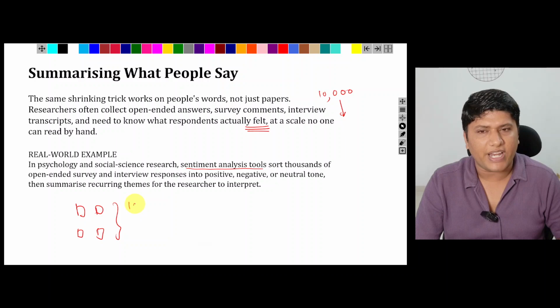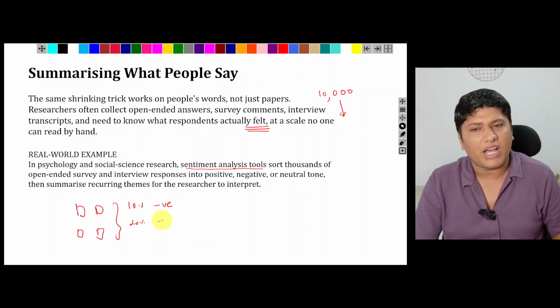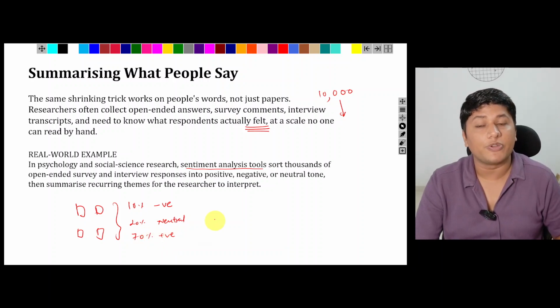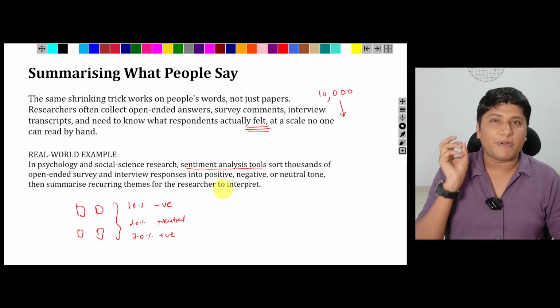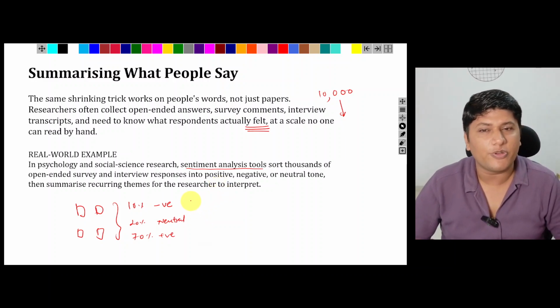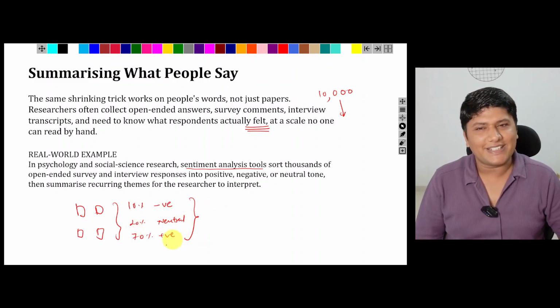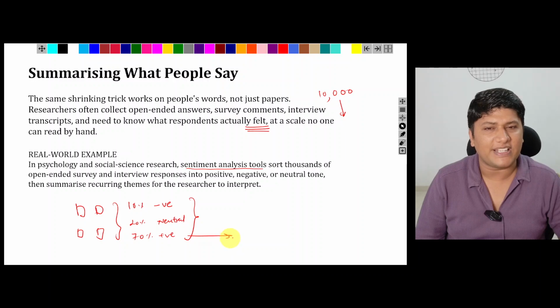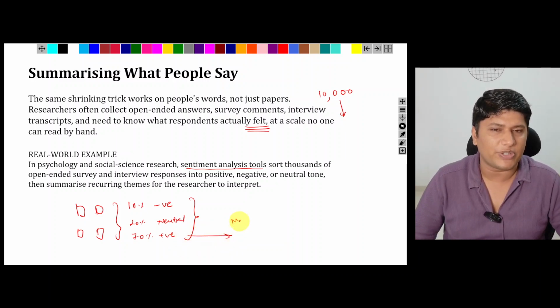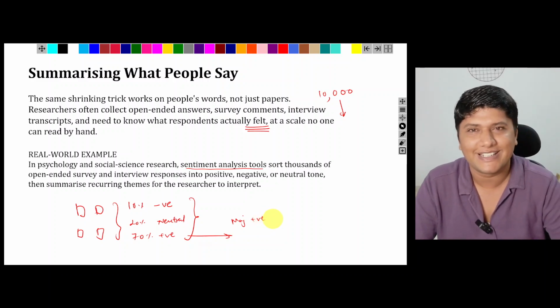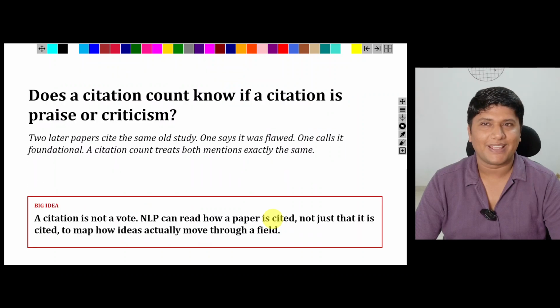You say 10% of them are negative, 20% of them are neutral, and 70% are positive. This thing happens during the election also, right? What people say could be long things, but you can just know their sentiments using NLP. And this is how you divide them, and then you can say 70% people are positive, so the majority is positive about this government or negative about this government, something like this. People actually use this.